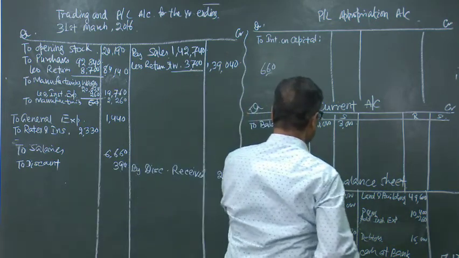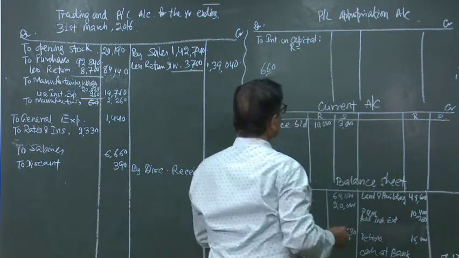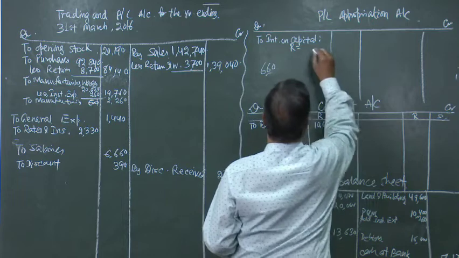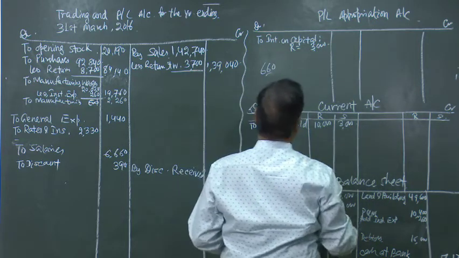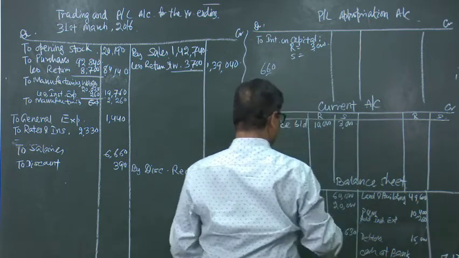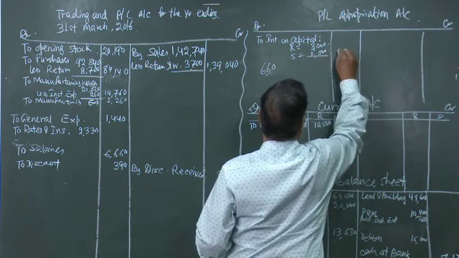So, his capital is 60,000, that is R or Ramesh. 60,000 into 5% is coming to 3,000, and that of S will be 20,000 into 5%, that will be 1,000. In total chargeable will be 4,000.